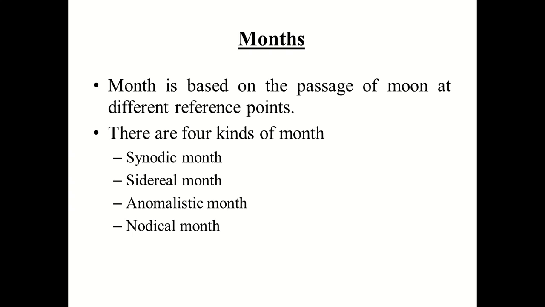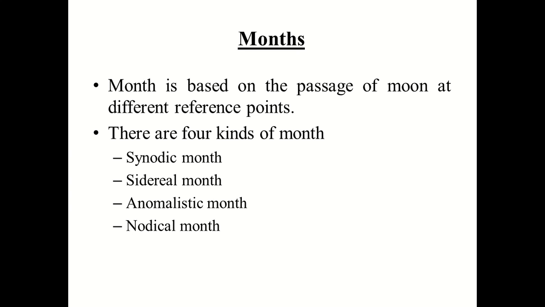So if we are considering the year, the sun is the object. When the sun is at the farther distance, that is at apogee, the successive time interval between the two apogees is called the anomalistic year.